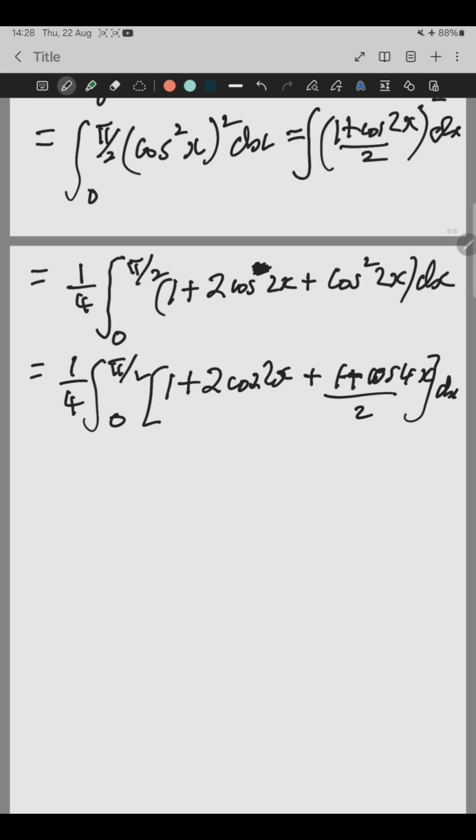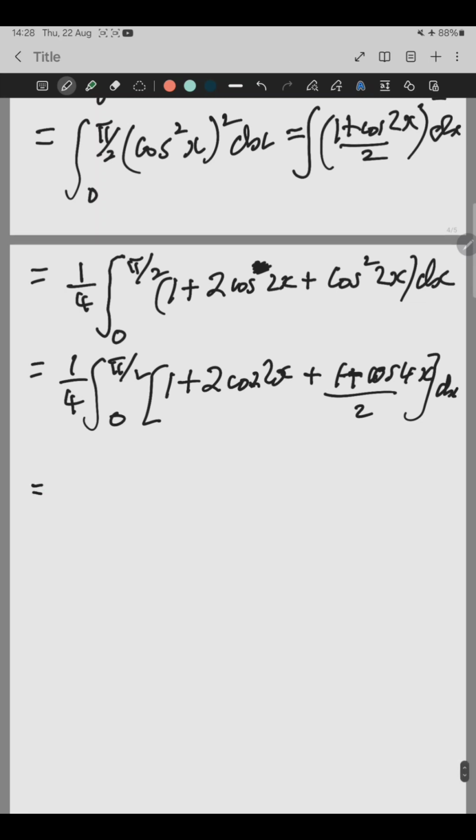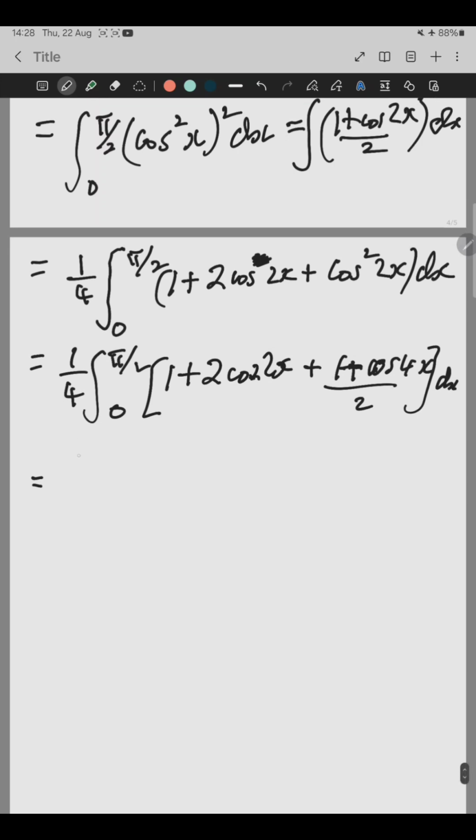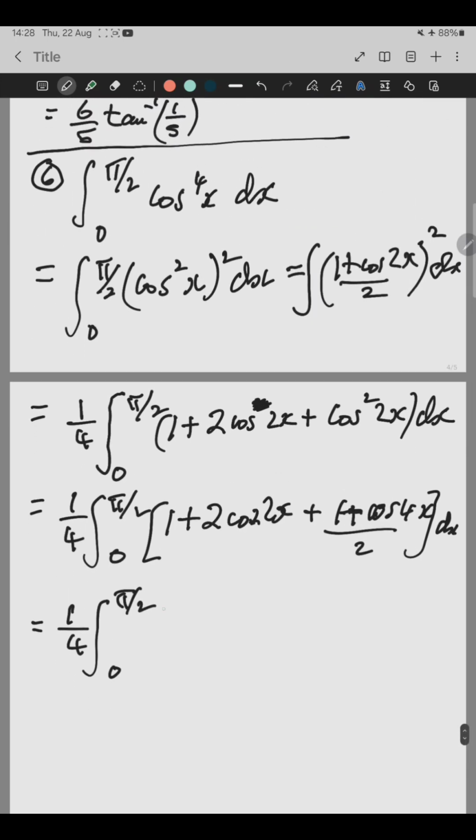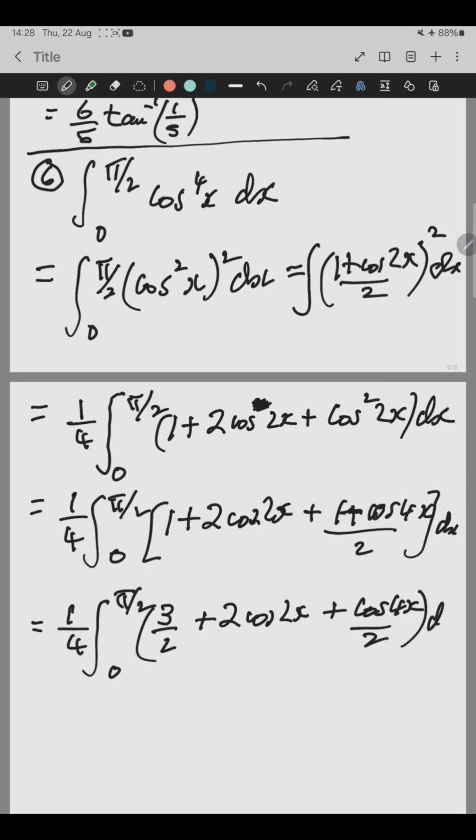And now we're in a position more or less to integrate all that. Let's get the constants together first. So you've got 1/4 integral from 0 to pi upon 2. 1 plus a half will be 3 upon 2. Then plus 2 cos 2x plus cos 4x over 2 dx.